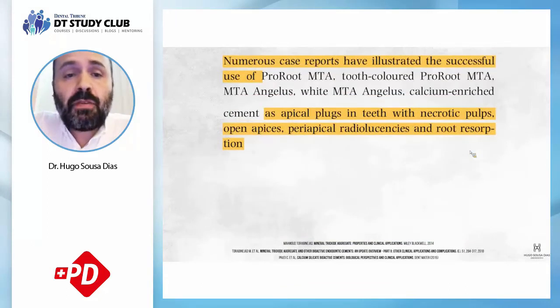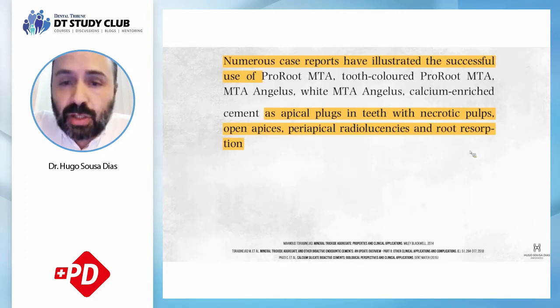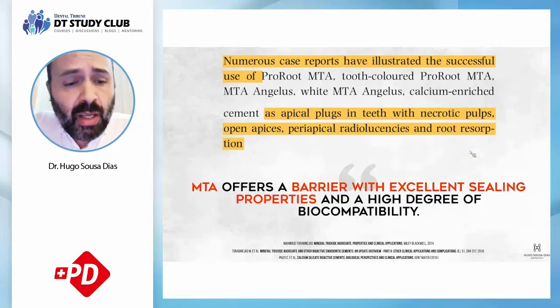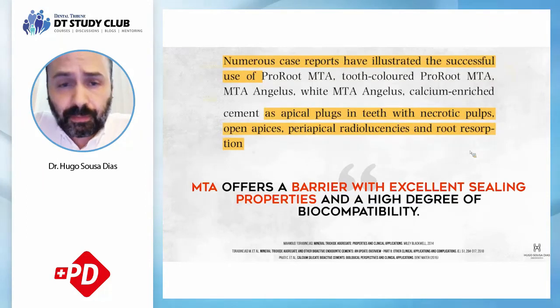There are a lot of case reports illustrating the successful use of these kinds of materials, ProRoot MTA and other MTA products, as apical plugs in teeth with necrotic pulps, open apices, periapical radiolucencies, and root resorptions. MTA offers a barrier with excellent sealing properties and a high degree of biocompatibility.